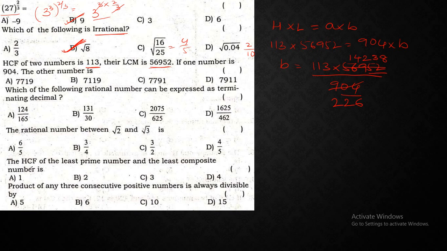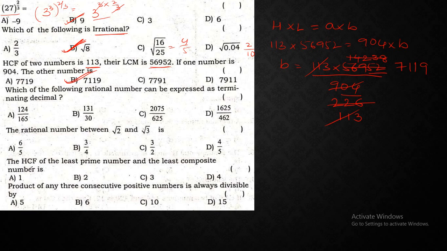Again we are going to get 14238. Next, again in the 2 table if I cancel, 1 1 3, here in the 2 table if I cancel 7 1 1 9. This 113 gets cancelled. So what am I going to get?